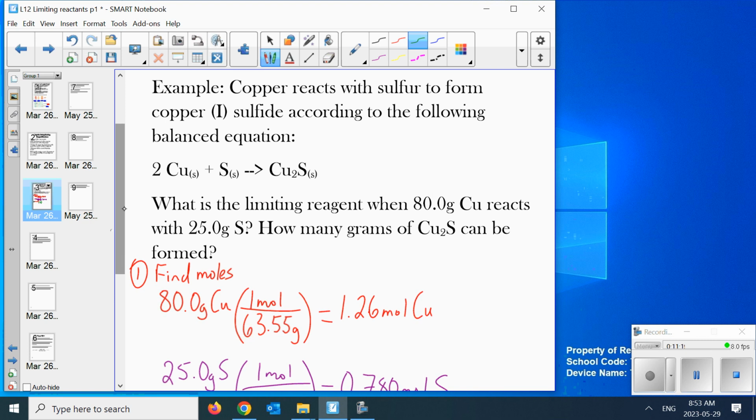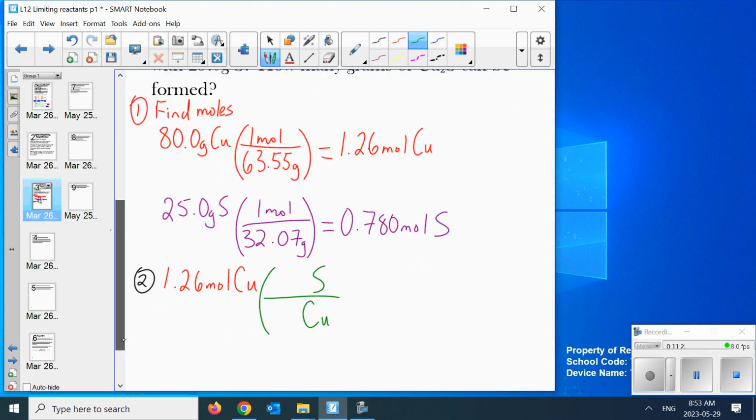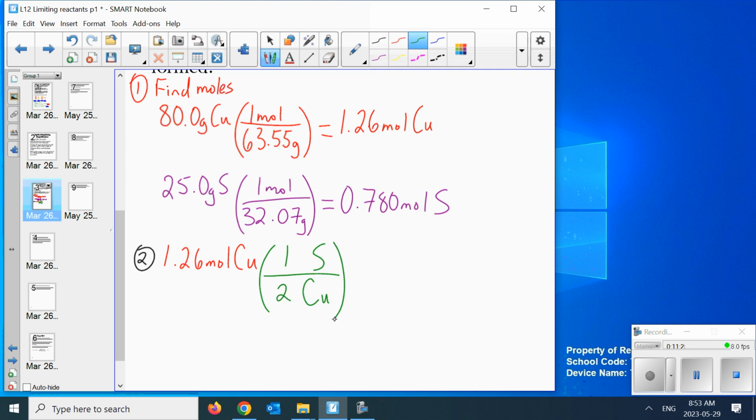It's already balanced. There's 2 copper to 1 sulfur. So if 1.26 moles of copper fully reacted, how much sulfur do we actually need? I take my calculator: 1.26 divided by 2 is 0.630 moles of sulfur. This is the amount of sulfur needed for all of that copper.